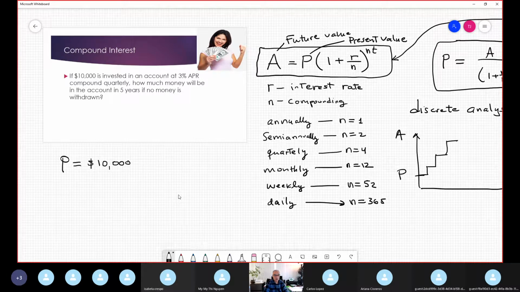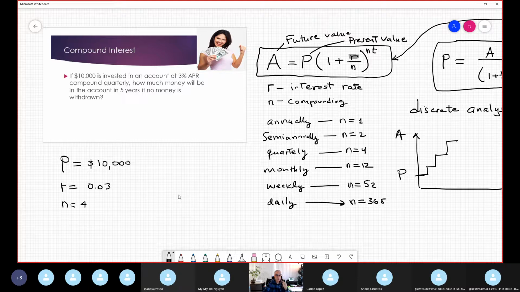This is the interest rate, so R is the interest rate, but in the formula you never plug in a percentage, only the decimal. So you divide by 100 to convert the percentage to a decimal, 0.03. You plug it in here, always in decimal, never in percentage. One more piece of information: compounded quarterly, so compounding N is 4.